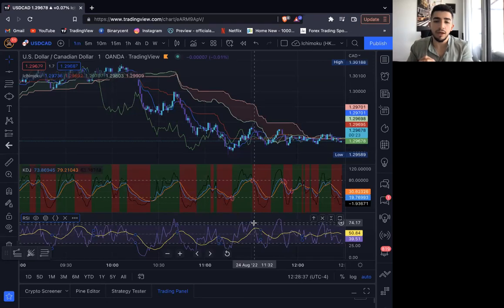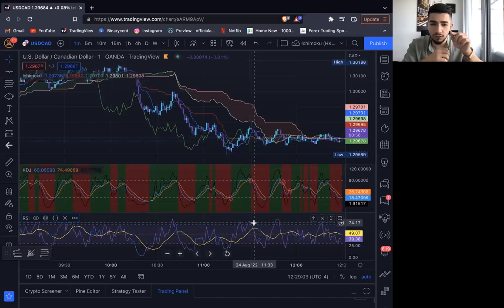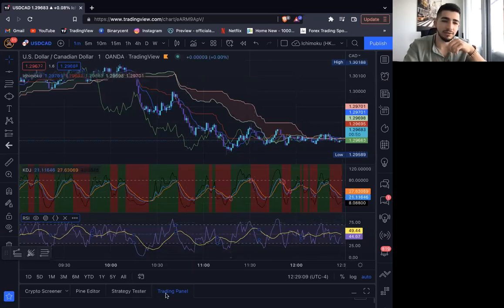Without making you confused, when it says 14, it takes into consideration the last 14 candlesticks. But when I choose 5, it takes into consideration the last 5 candlesticks when it's going up or down, those little ups and downs. Does that make sense? The reason I take in a smaller amount of time is because we want short-term trades, right?